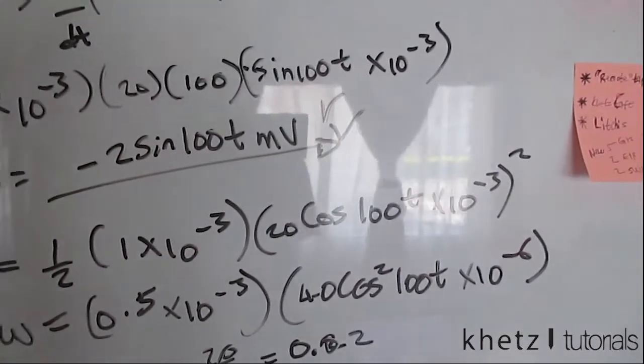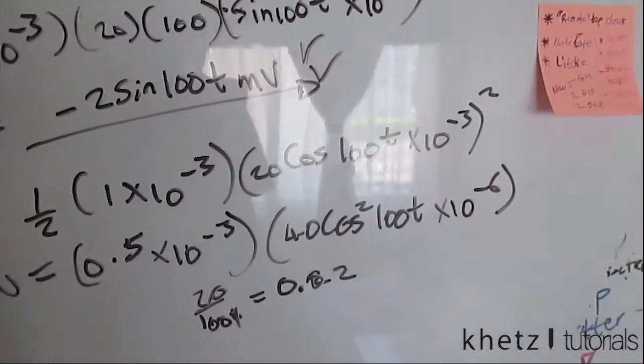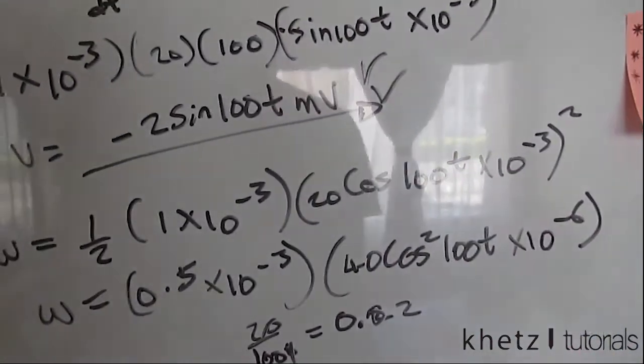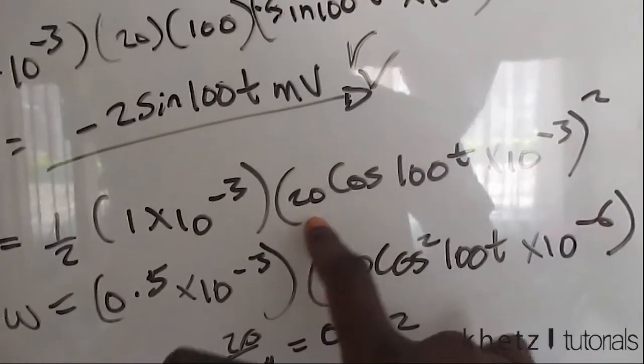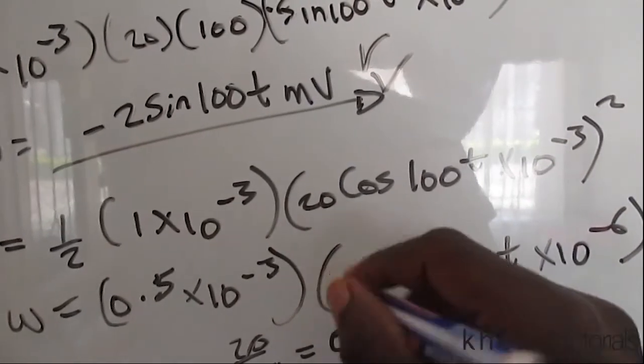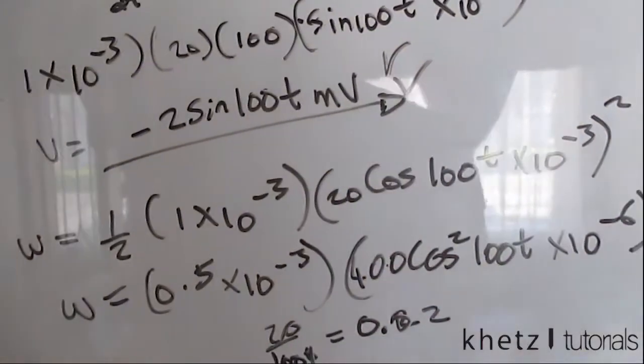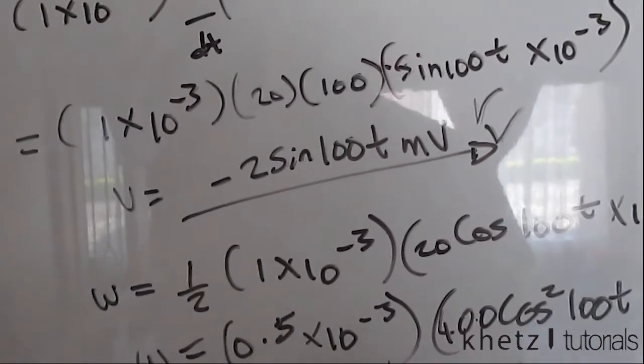That should be the case, but no. The problem is here: 20 squared is 400. And this is why you should always use a calculator.